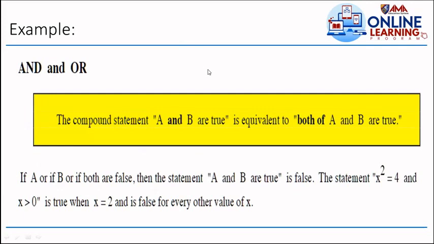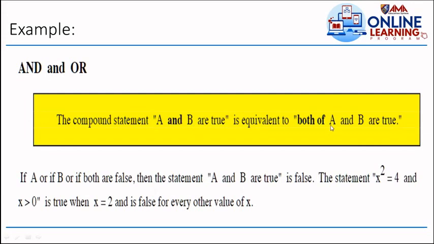Next, we have the AND and OR statements. The compound statement "A and B are true" is equivalent to both A and B being true. So when do we use the AND statement, with your statement A and statement B?